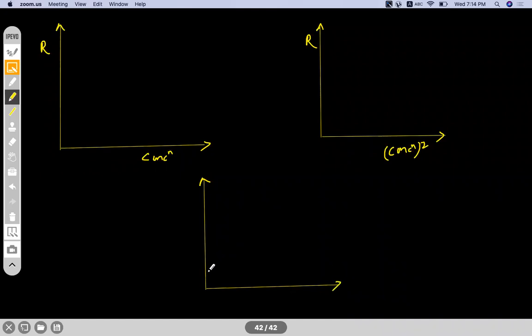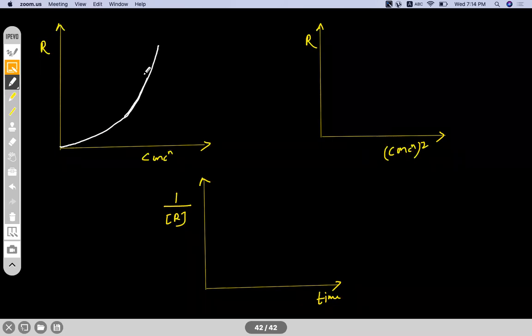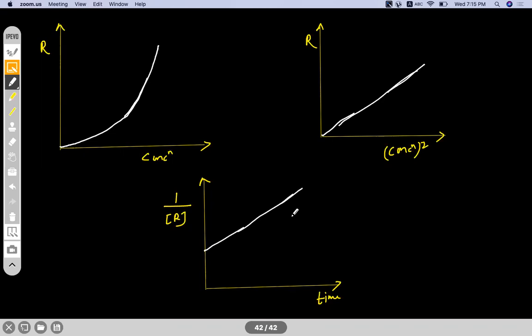This graph is 1 by concentration of reactant and time, right? So this graph, it goes like this. Rate initially is 0 and it increases this way. Rate and concentration square we have is a straight line passing through origin, like this it goes. This graph will have a straight line from this point with a positive slope. Right? This is 1 by A naught we have.